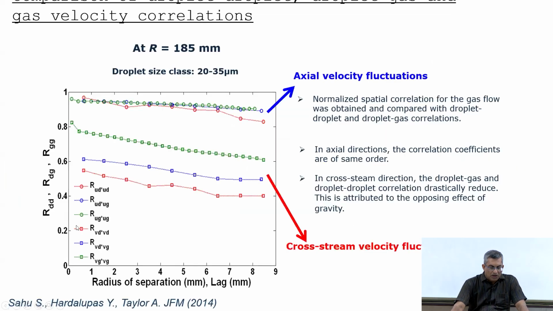And we can also calculate particle to particle velocity correlation. So if there are two particles, how well are they correlated? And also, because now we are characterizing the gas phase turbulence, we can also calculate the gas phase correlation. So there are three things: droplet correlation, droplet gas correlation, gas to gas correlation.